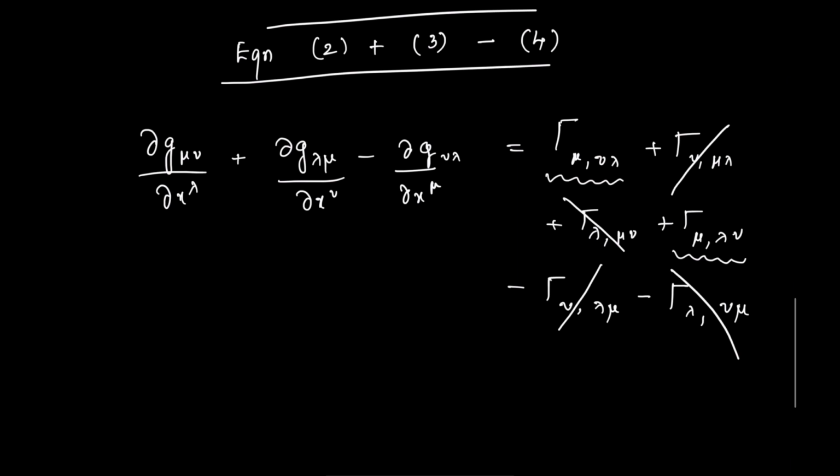Now here I have done the assumption that the Christoffel symbols are symmetric with respect to the last two indices. So that's why here nu lambda and here lambda nu. So I can add these two terms.